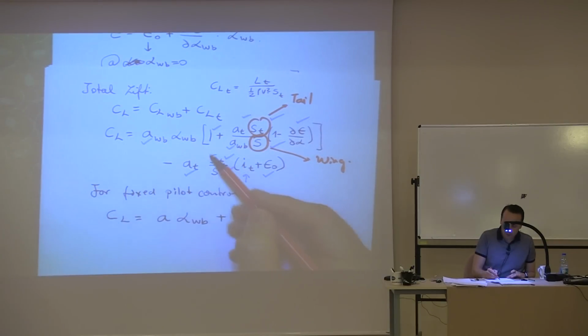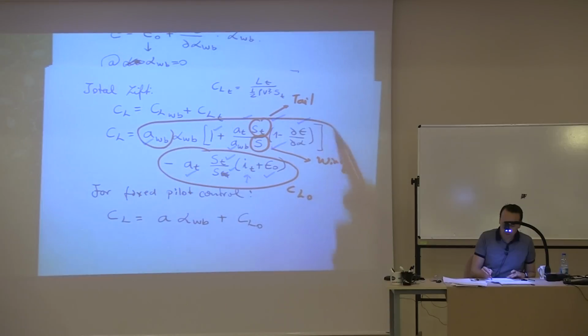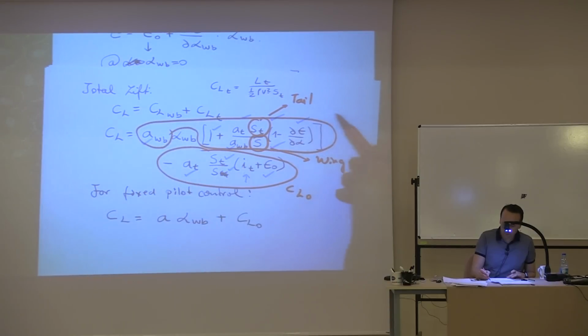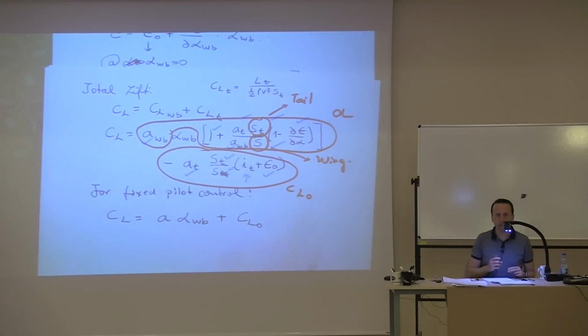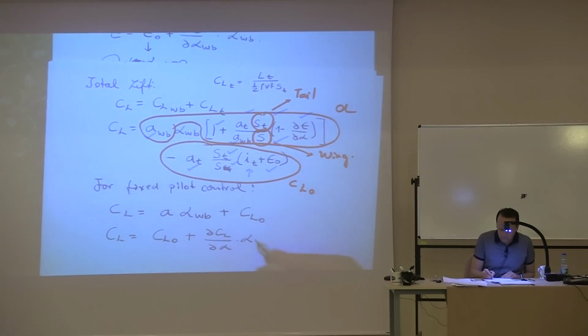So you could call this part here CL0 and the rest here you could call the lift curve slope for the whole airplane. And then you get this one. And this is what we have seen all along. And this is for the whole airplane.